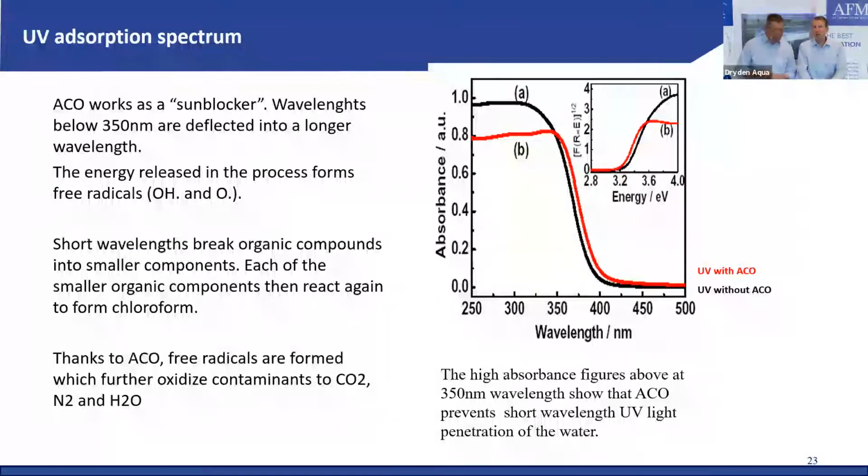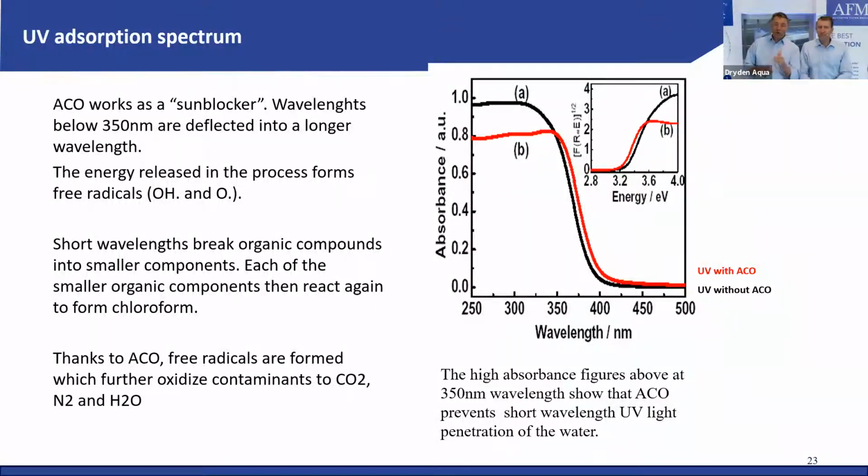So you change the shorter wavelengths into a longer wavelength, which is less destructive, if you will. And by this, you release some energy. And this energy has the potential to split water molecules into free radicals. So you produce some free radicals, not huge, but roughly, which make complete oxidation.